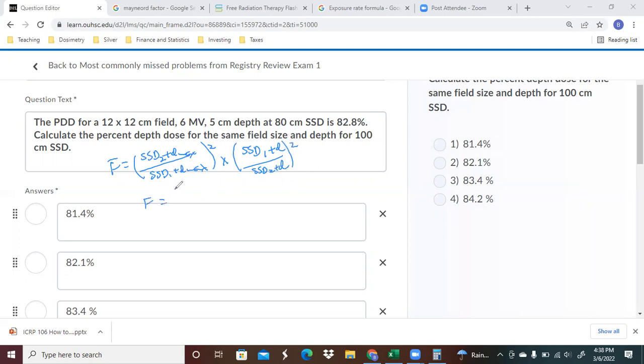That becomes the new SSD, which I'm going to go ahead and write over here. SSD1 is equal to 80 cm. SSD2 is going to be 100 cm.